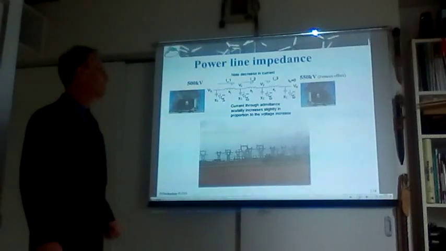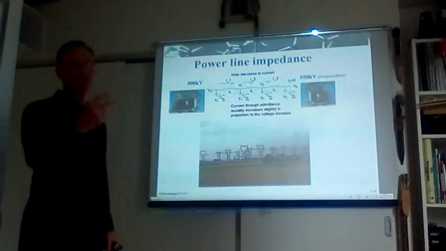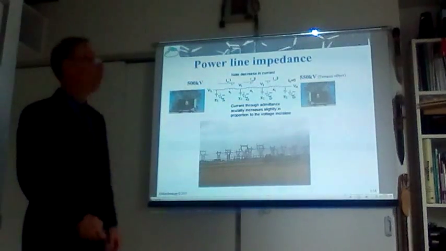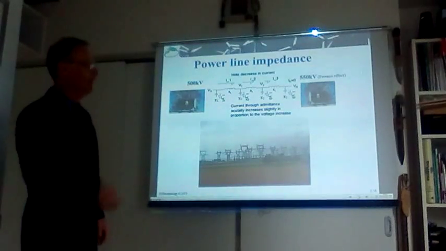And that's what we see here. Between A and B, we will have two transformers at least, one at the beginning of the line and one at the end of the line.